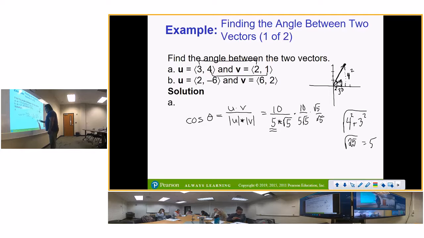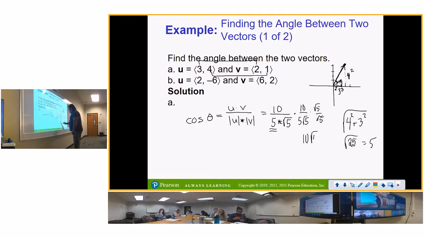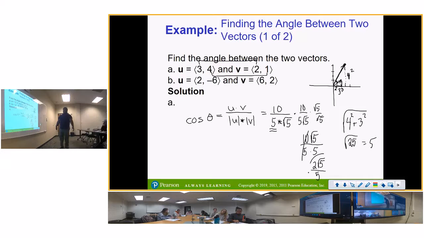So that's going to be 10 times square root of 5 over 5 times 5. Everybody with me? And 10 over 5 is what? 2. So that's going to be 2 square root of 5 over what? So that's probably going to be your answer for the first one.